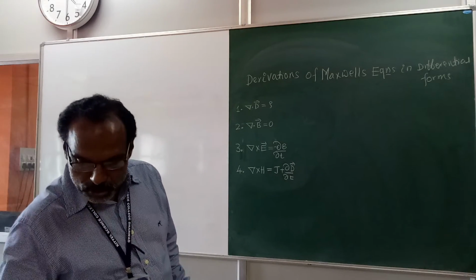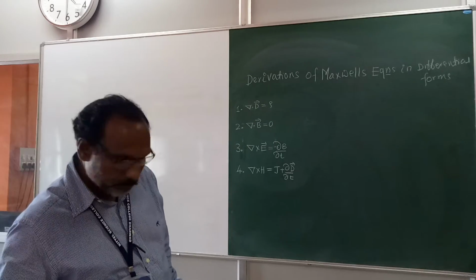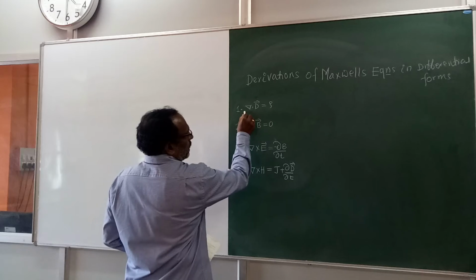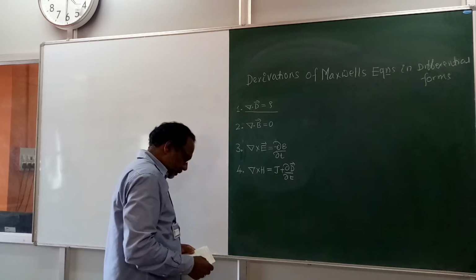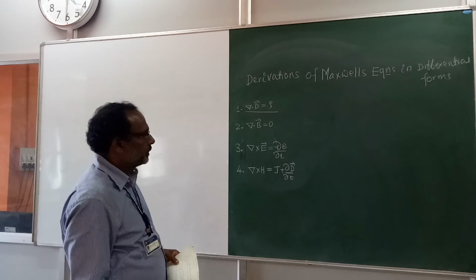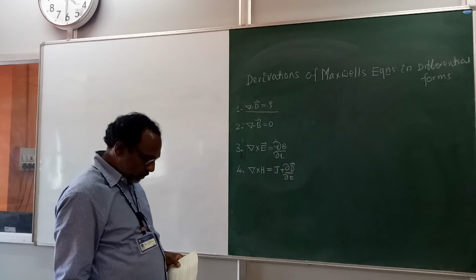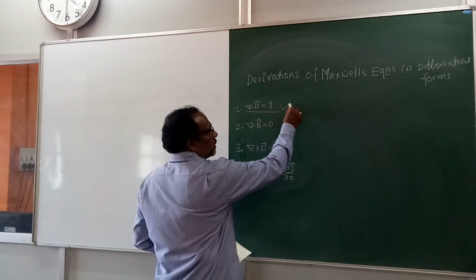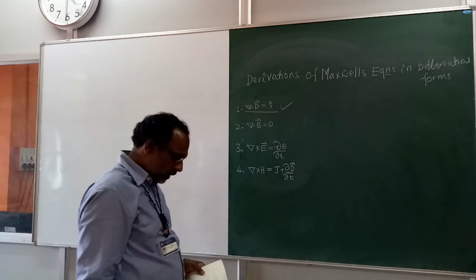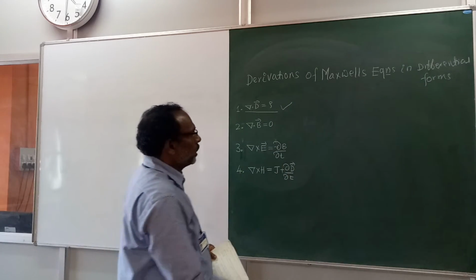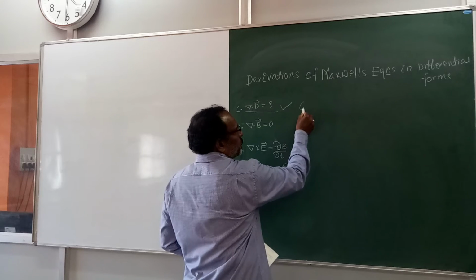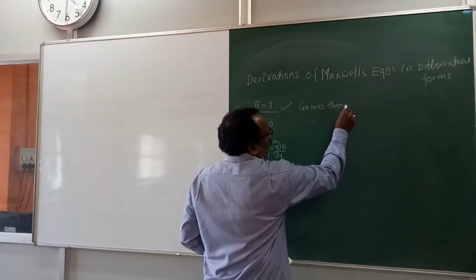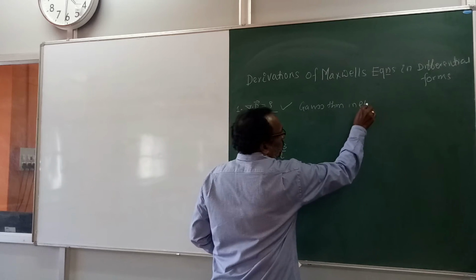There are four equations of Maxwell. I have written them. One is this, that is del dot D is equal to rho. And this equation number 1 is the result of Gauss theorem in electrostatics.